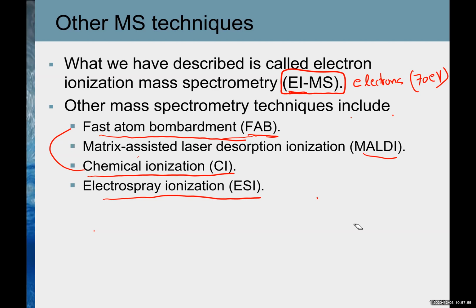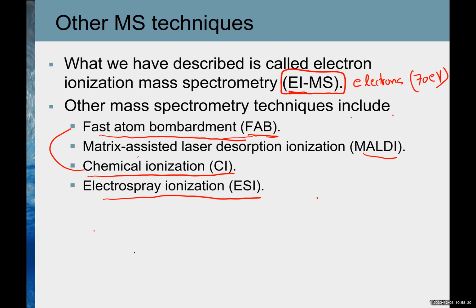So once you started the experiment, you injected your sample, and then the sample was vaporized, and those vapors were bombarded with the electrons. After that bombardment, one of the electrons was dislodged, and our sample was transformed into a radical cation.